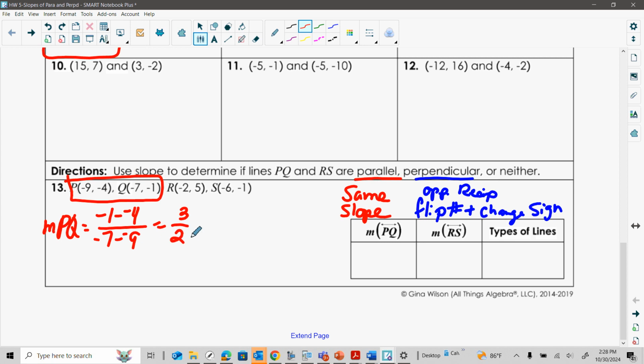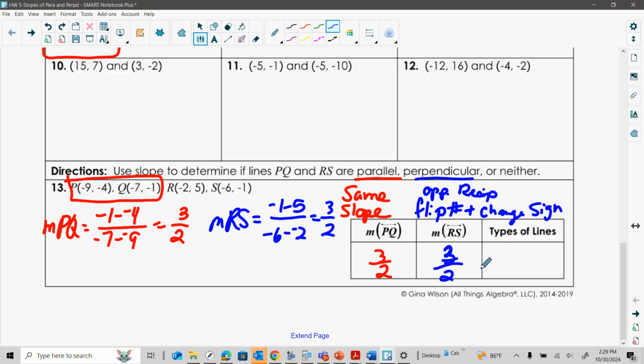Then we're finding the slope of RS using the slope formula. This will be -1 minus 5 over -6 minus a -2. This reduces also to 3 over 2. So we had 3 over 2 and 3 over 2. Since they're both the same, our answer here is that the lines are parallel, and that's our symbol for parallel.